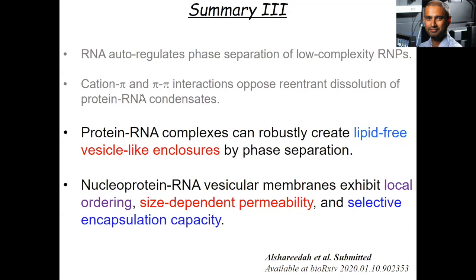And that is because when you have little RNA, the complexes are positively charged. And when you have a lot of RNA, the complexes are negatively charged. So you see a very nice electrostatic transition from positively charged complex to negatively charged complex. And I think one of the ideas that we proposed in these papers on reentrant phase transition is that electrostatic repulsion plays a big role.